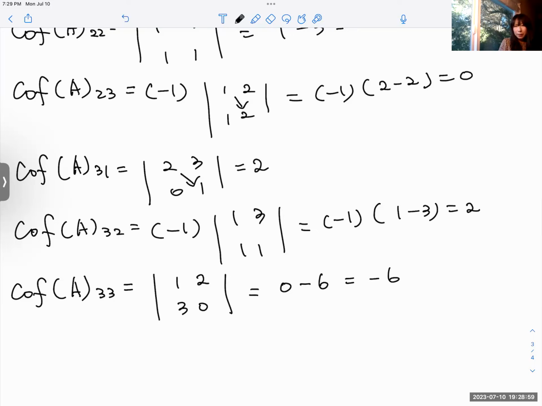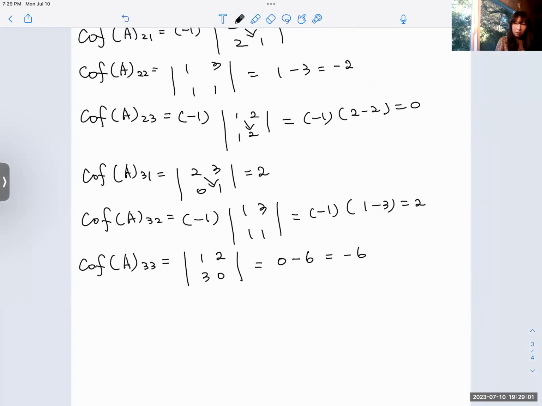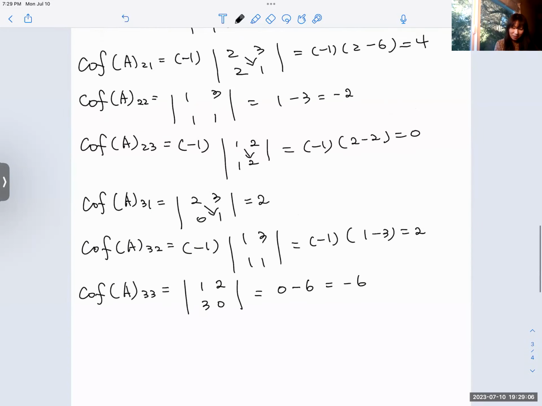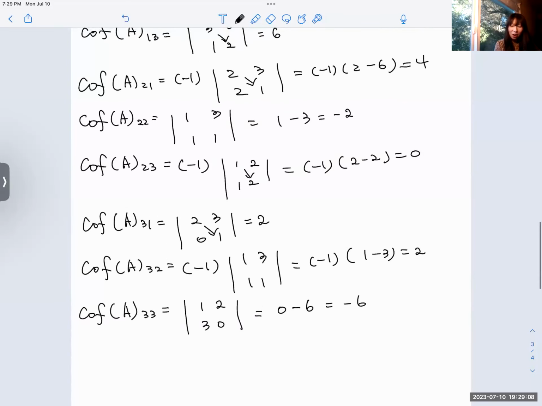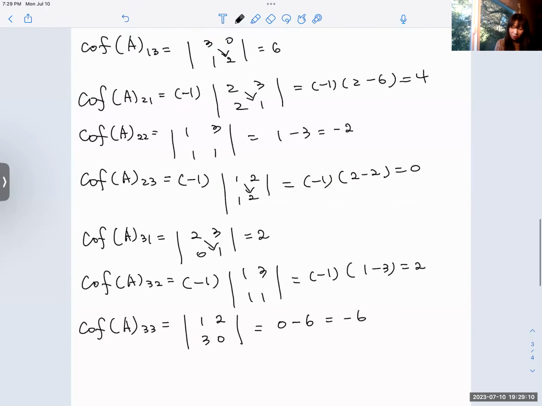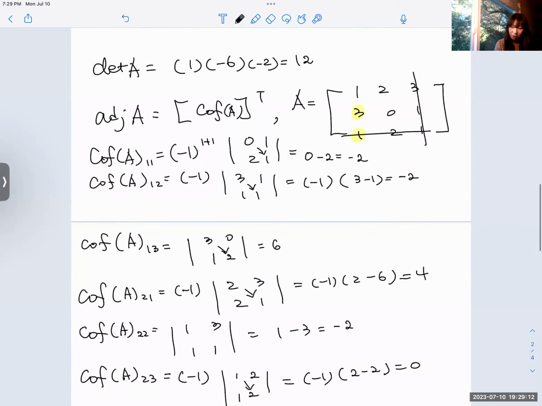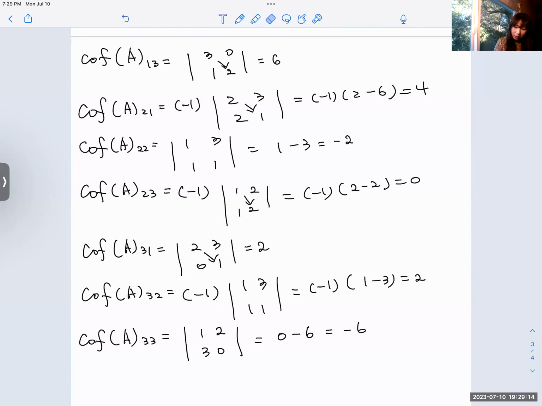Did I make a mistake? The 3, 2 matrix is 1, 3, 3, 1, not 1, 3, 1, 1. Correct. Thank you. So this one will be 1 minus 9, which is positive 8. Final answer.